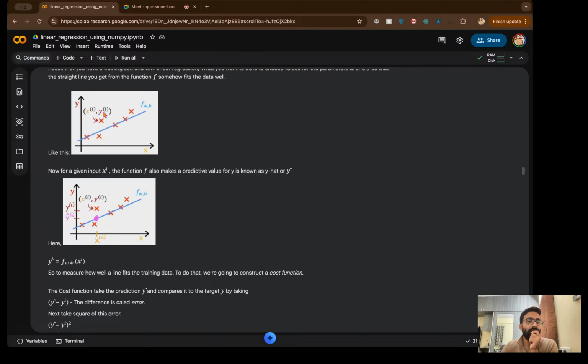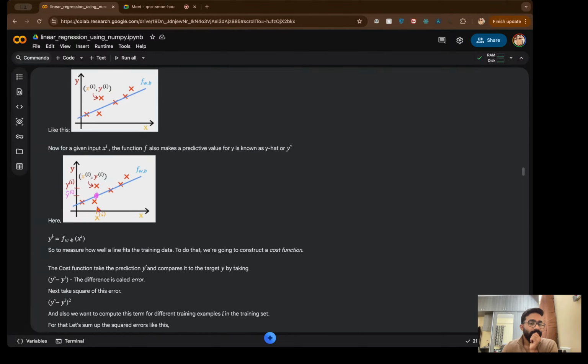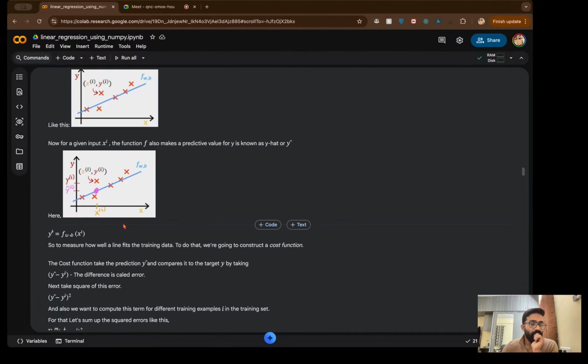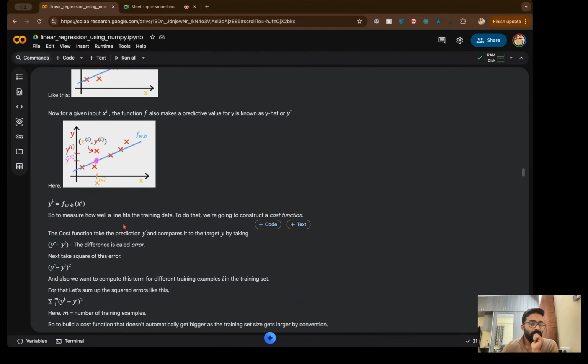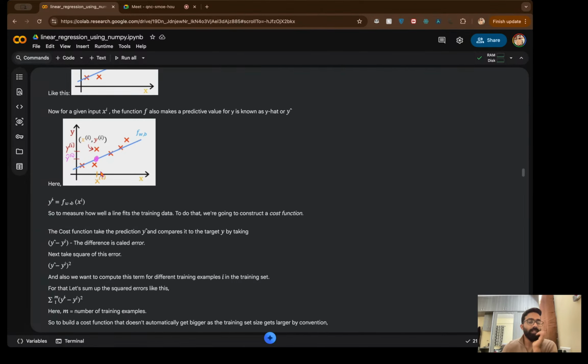But if I use this function f w,b, it will give the output y hat i. It's a predicted value. So there is a difference between y hat i and yi. That is, there is a difference between the predicted value and the actual value. There is a difference, no?